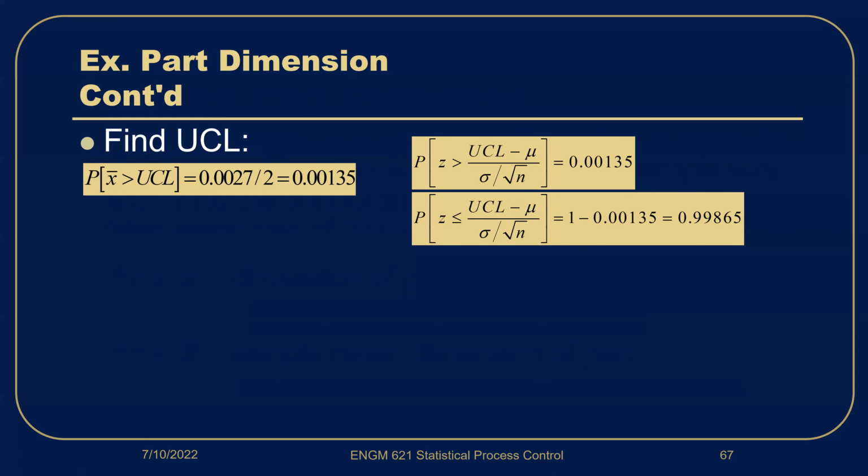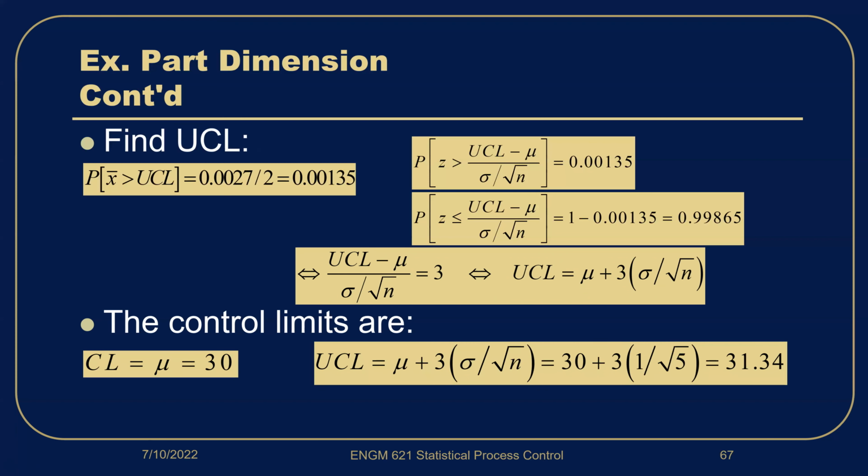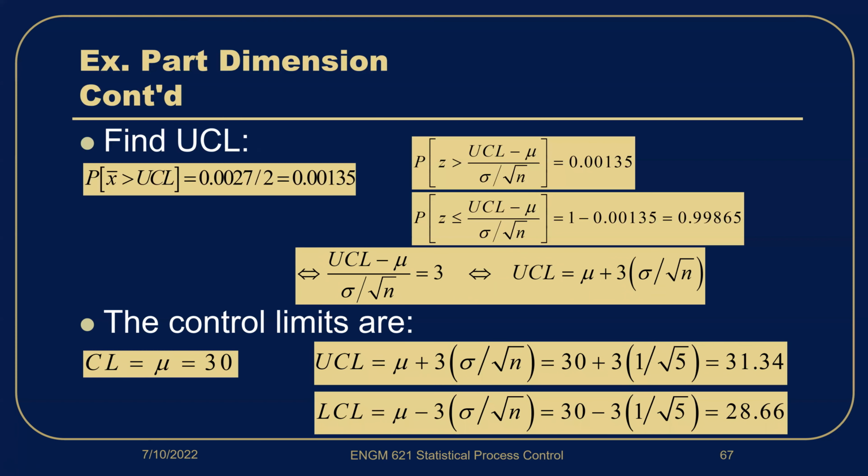Therefore, given phi z is 1 minus this probability, which is 0.99865, we find the z value is 3. That is using the probability of z to look up the z value. So this is again a 3 sigma control limit. We find the upper and lower control limits using the equations, plugging in the values, which are 3 sigma away from the center line.